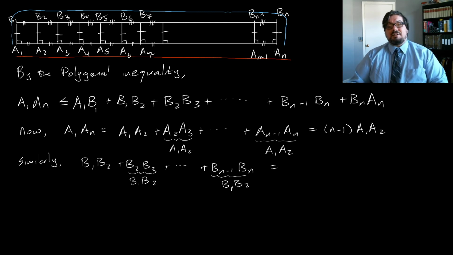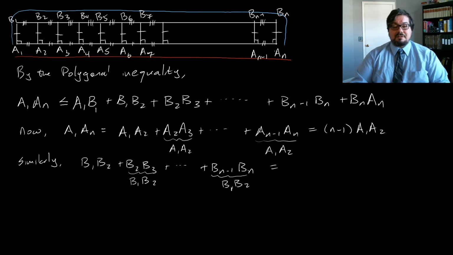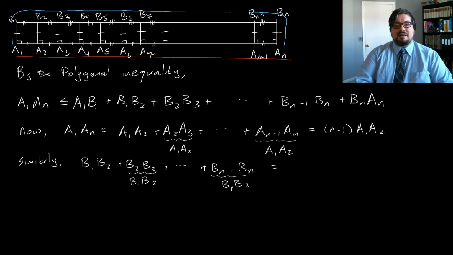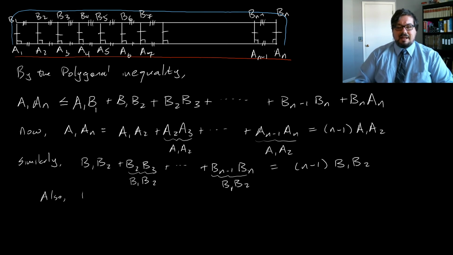That's what Theorem 71 tells us, that the upper bases of each of these Saccheri quadrilaterals are all congruent to one another, and therefore, if I add up all those distances from B1 to B2, B2 to B3, etc., that's just the same thing as taking n minus 1 times B1B2. And then also we have that BnAn is equal to A1B1, because the two segments A1B1 and AnBn are congruent.